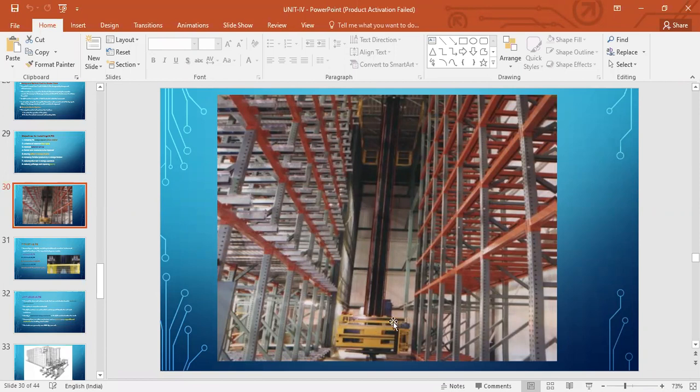And also, if you leave very minimum clearances between this machine and the racks, then that will be a problem. Because if you have made some space considering some unit load as a standard size, and sometime in the future you have a bigger unit load, then your clearance will be affected, right?